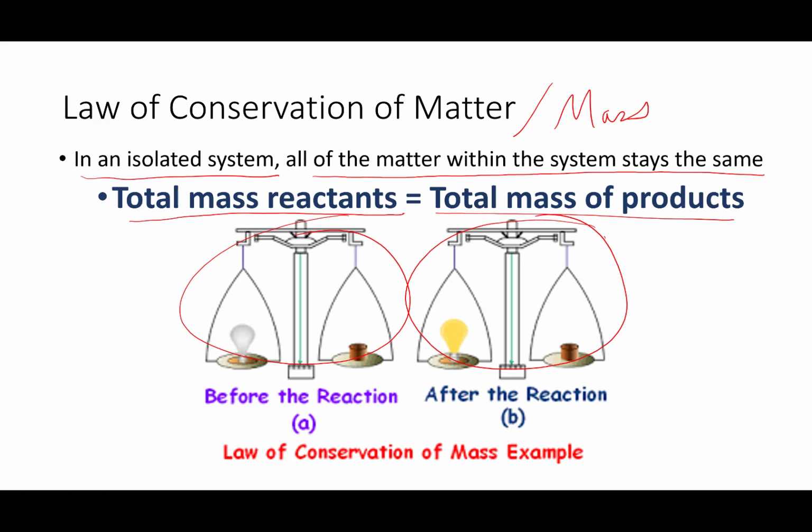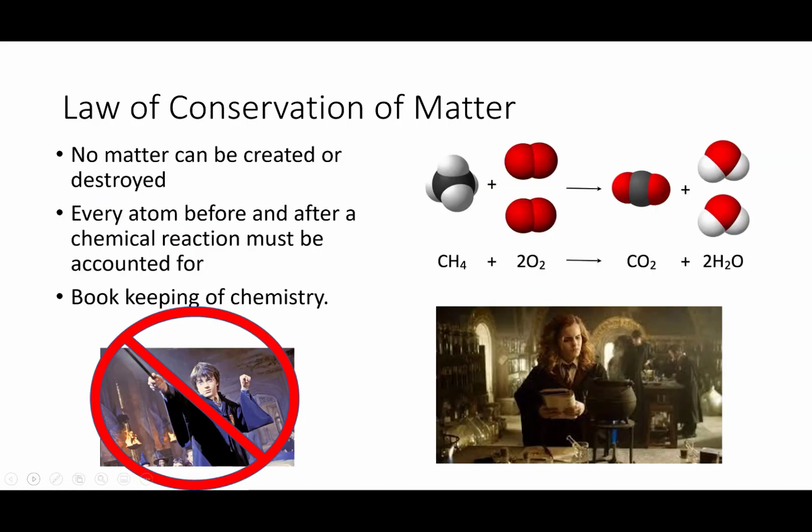If you keep track of every atom before the reaction occurs and every atom after the reaction occurs, the mass of everything is going to be the same. There is not going to be any mass that is lost. Nature does not make matter disappear.